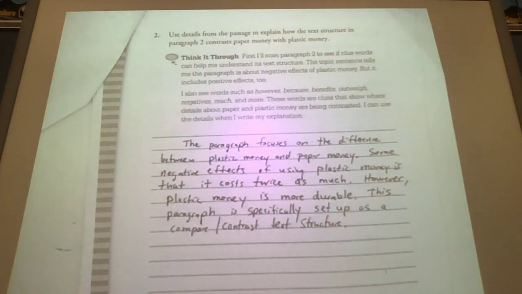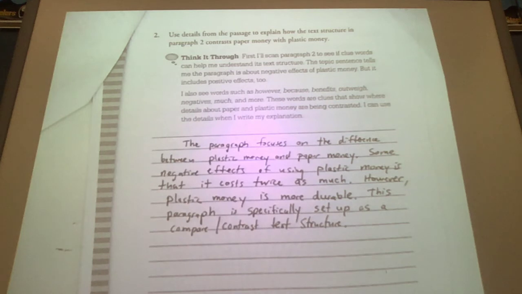This says use details from the passage to explain how the text structure in paragraph 2 contrasts paper money with plastic money. Okay? So, once again, in paragraph 2, maybe we start to see an example of a paragraph that is more of a compare and contrast.